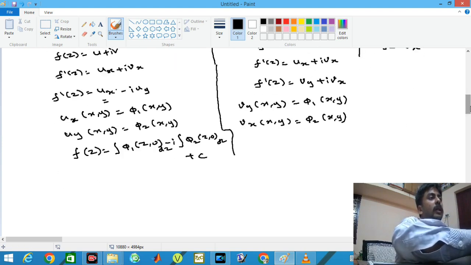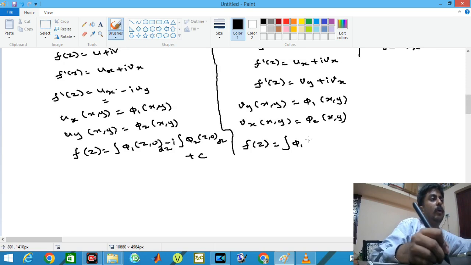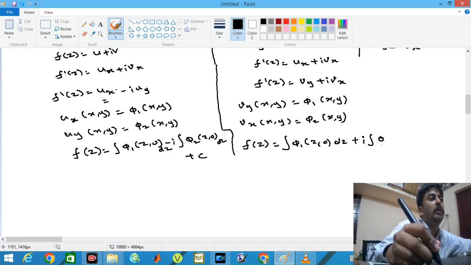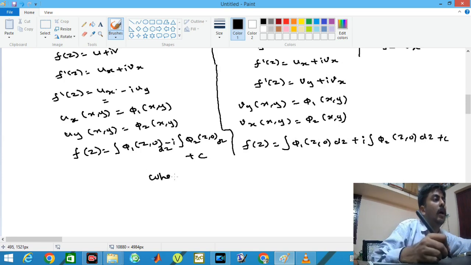In the same way here, f of z equal to integral phi 1 of z comma 0 dz plus, because here we have plus i, plus i into integral phi 2 of z comma 0 dz plus c, where the constant c here is a complex constant.